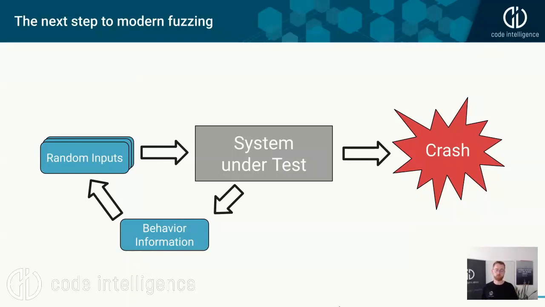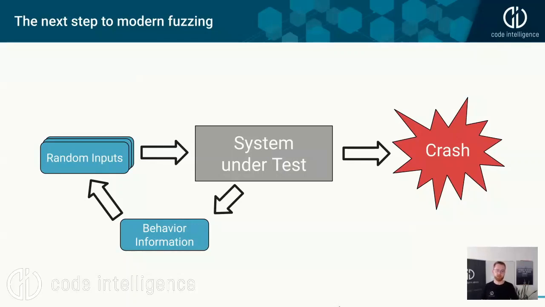Currently, coverage-based fuzzing is really prominent. In this, the system sends coverage information to the fuzzer, so which code paths were executed during one test run. The fuzzer can detect if a different input caused other code paths to be executed in the system, and continues with those and discards other inputs that won't reach this level of code.